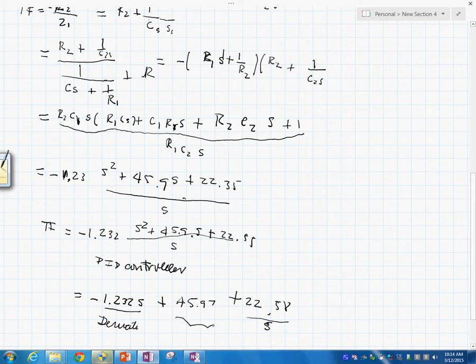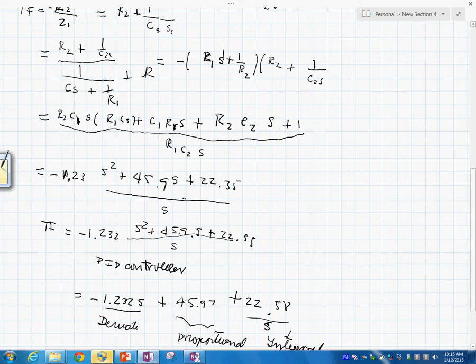This is the proportional control, and this is the integral control. So this is the derivative control, the proportional control, and this the integral control.